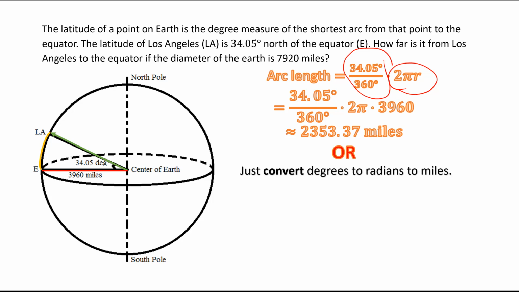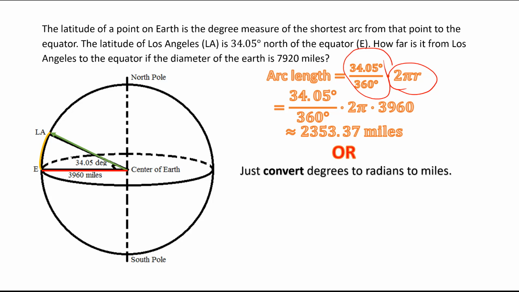When we're talking about an angle having a measure of 1 radian, we're talking about the measure of the angle that cuts an arc that has length 1 radian. All right, so we can just convert degrees to radians because we know how many degrees are in a radian, and we know how many miles are in a radian in this particular problem, 3,960 miles in 1 radian.